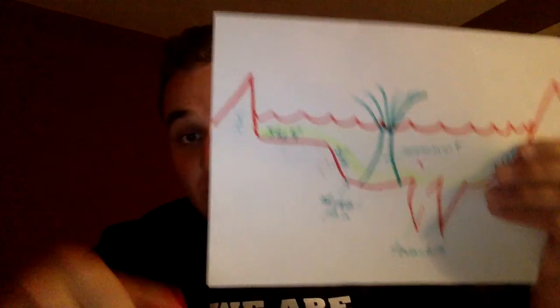Meaning not much water, not very deep. Let me see if I forgot anything else. Oh, before I forget, the seamounts. And you can also label, if you drew it, a volcano, one that has punctured the water and come above. Now I'm going to show you my completed diagram.